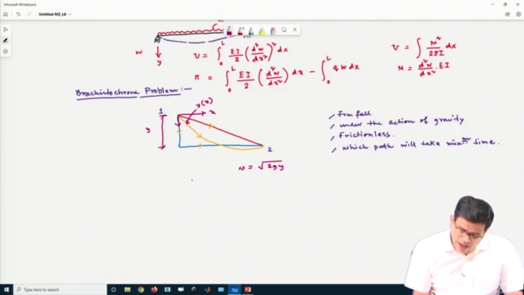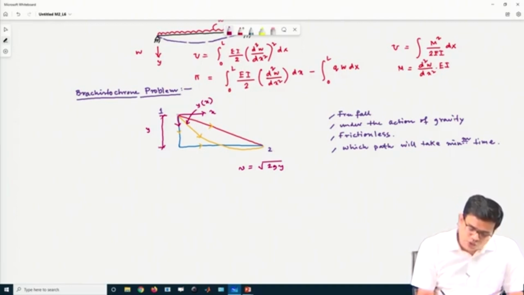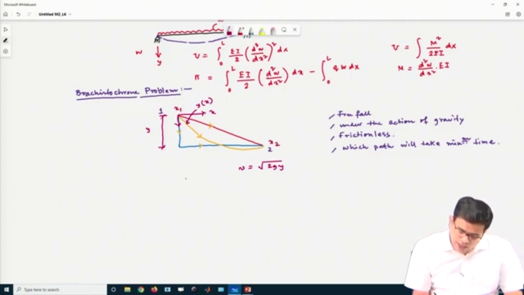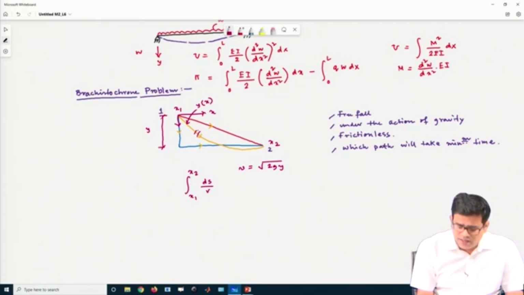Suppose the coordinate of this point is x1 and the coordinate of this point is x2, then the time is the integral from x1 to x2 of ds by v, right? What is ds? ds is the arc length.